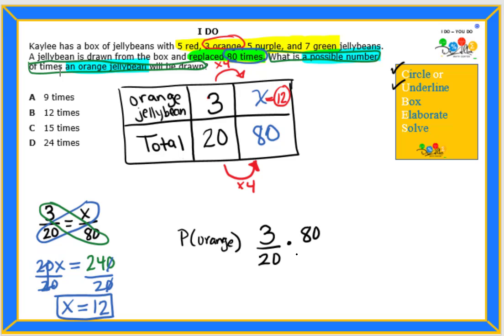That means we would have to put 80 over 1 to make it into a fraction, so we can multiply across. We would multiply across 3 times 80, and we would get 240. And then 20 times 1, and that would give us 20. And then we end up with the same thing. We can divide both of these by 10, and that would give us 24 divided by 2, which is equal to 12.